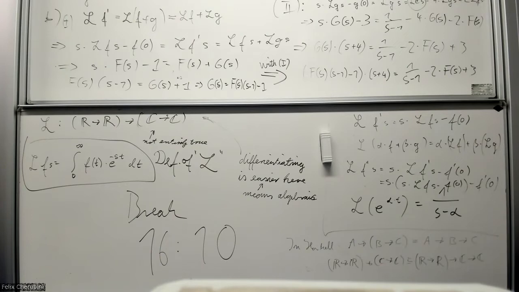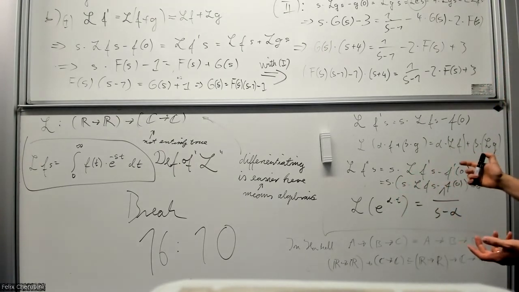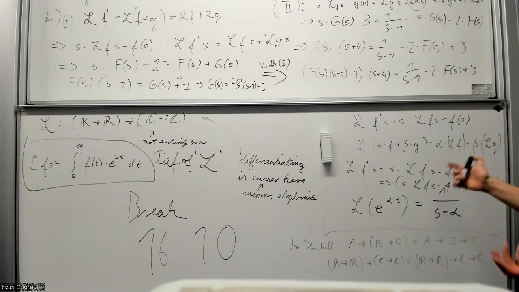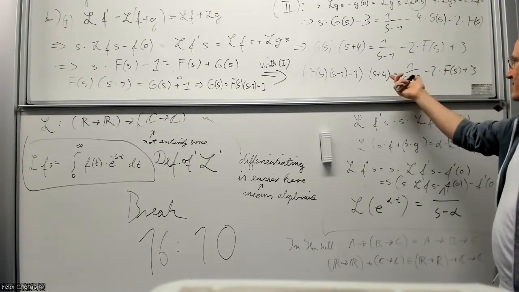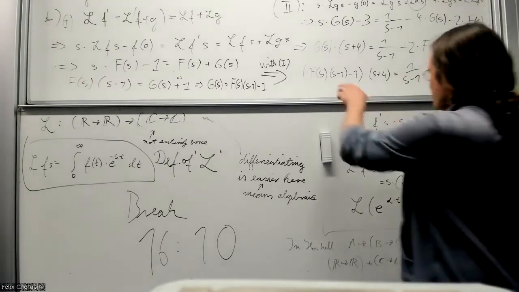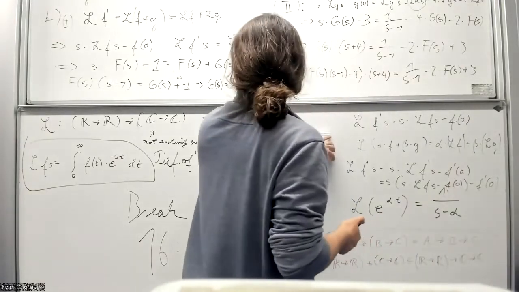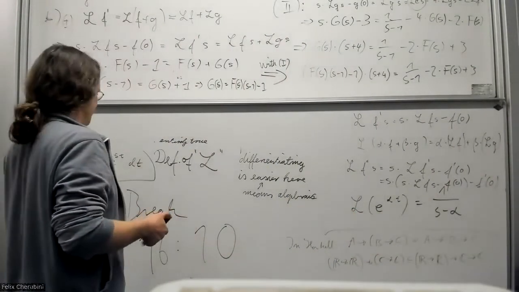So now we have an equation in only one thing, and now the next goal is what? To have something like f of s equals some expression which doesn't involve f. So we have to solve for f of s. And for that, I need some space.